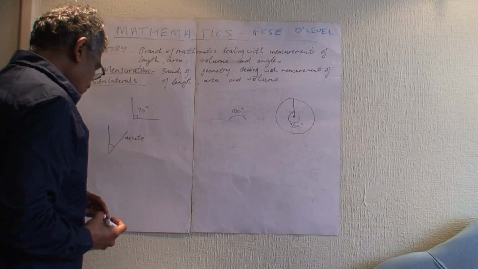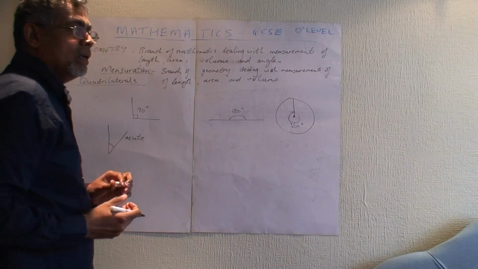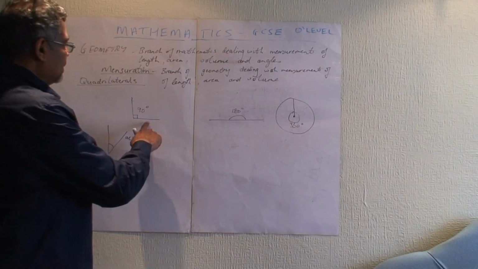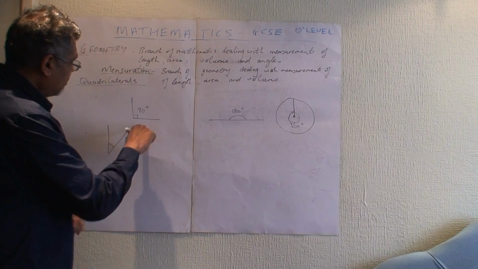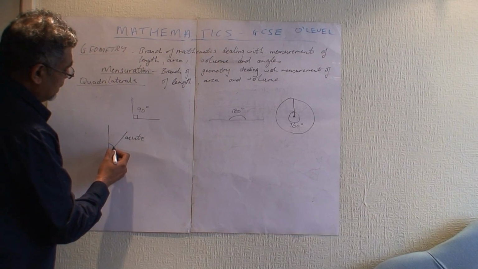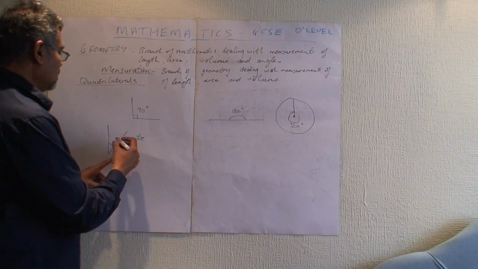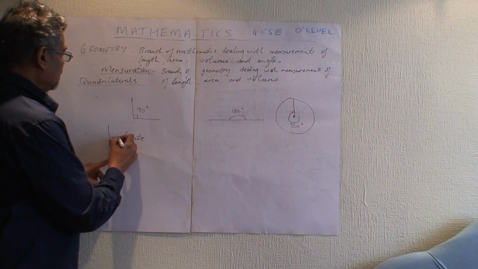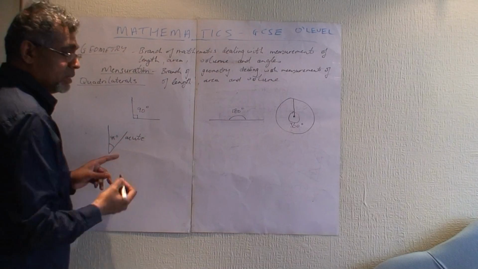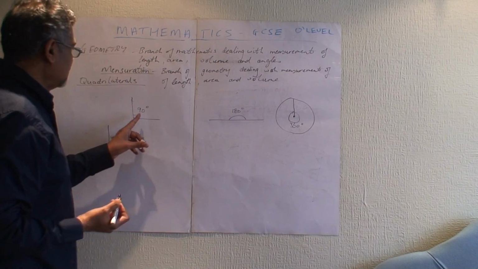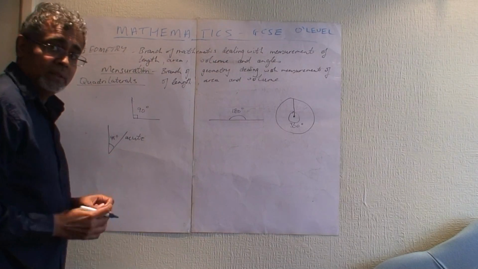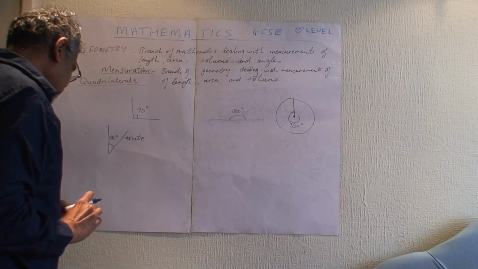It's an angle that is less than 90 degrees. This may be, I don't know, 45 degrees. We assume it. 45 is less than 90, so that is known as an acute angle.